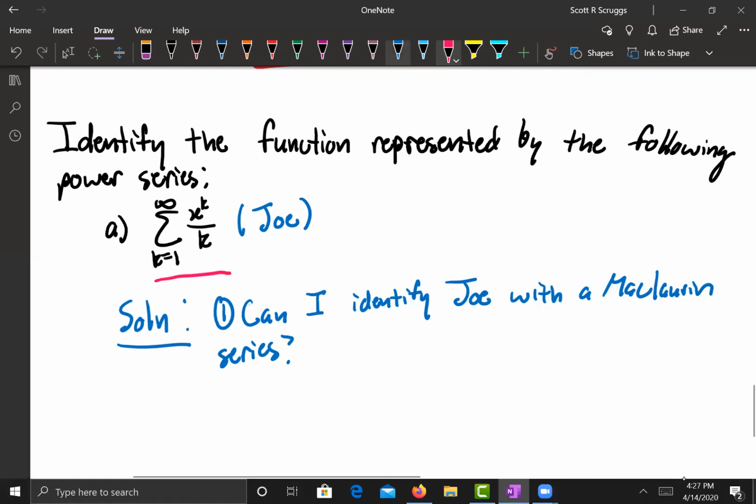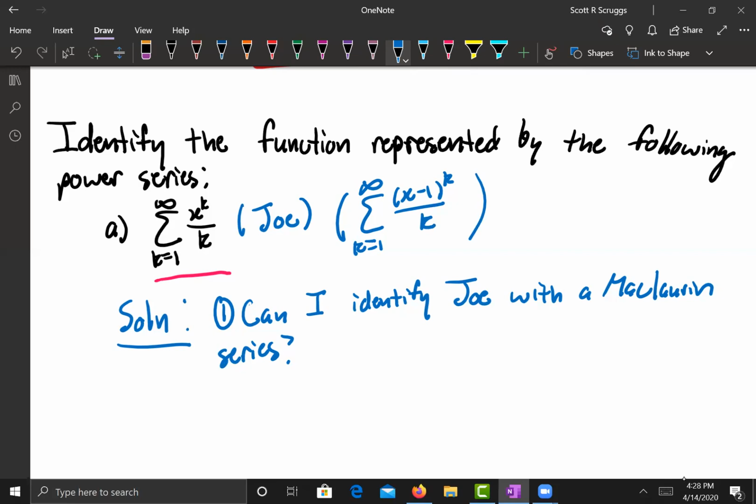If Joe decided to look like this, and I'm like, oh, geez, now I have to think of a Taylor series with the center 1, and that's going to be doable, but not super quick like I want it to.